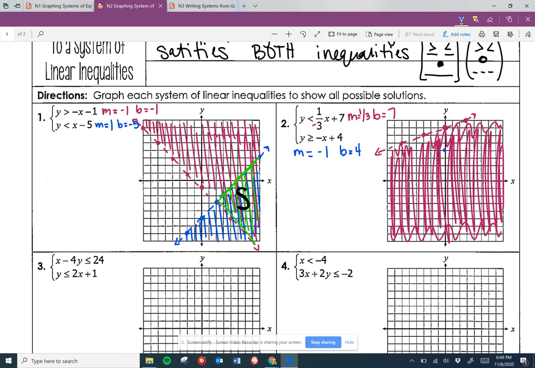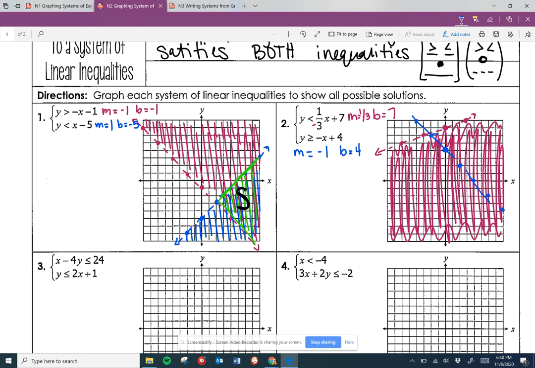This is a greater than or equal to. So this is going to be a solid line because it has that equal to sign. Okay, then it is shaded above. So everything that is above this graph is going to be part of the solution.